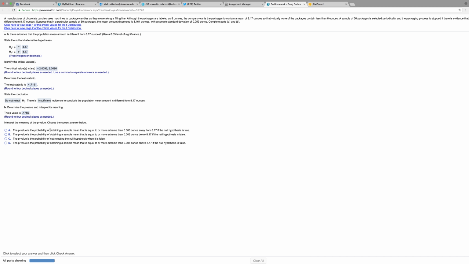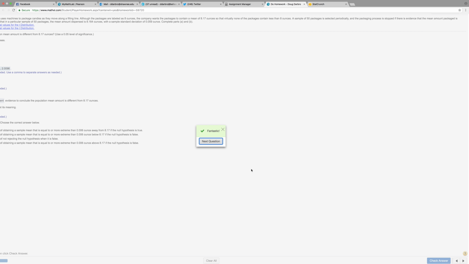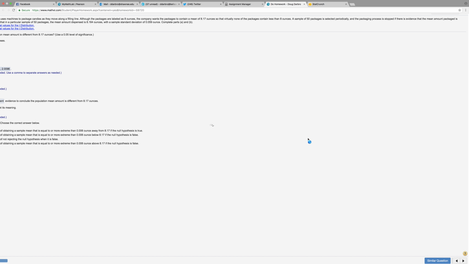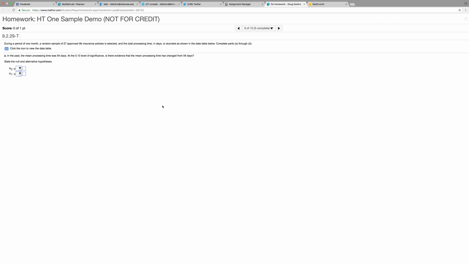The p-value is the probability of attaining a sample that is equal to or more extreme than 0.06 ounces above, so guys, we know that it's if the null is true. It's a tedious little exercise. I kind of feel bad for you guys having to do this. Not too bad, though.